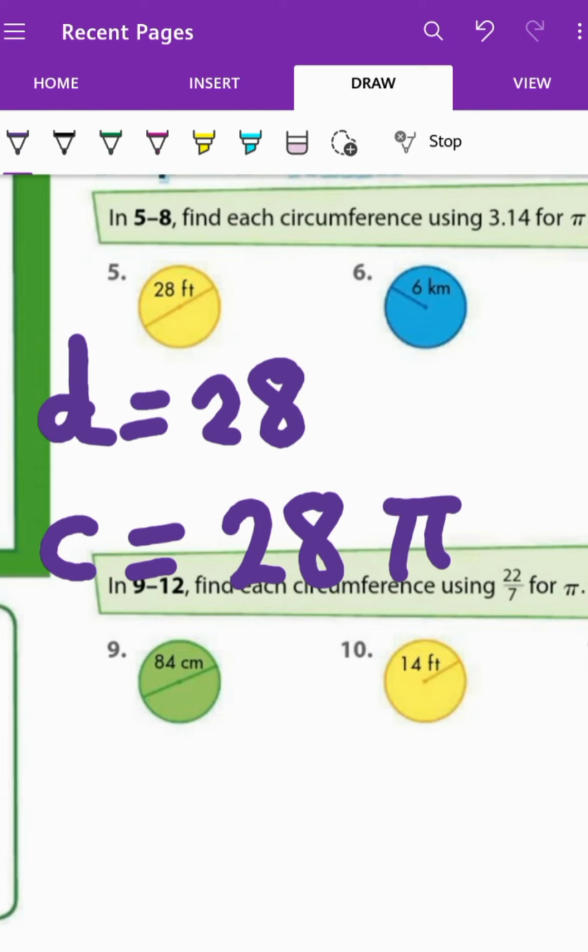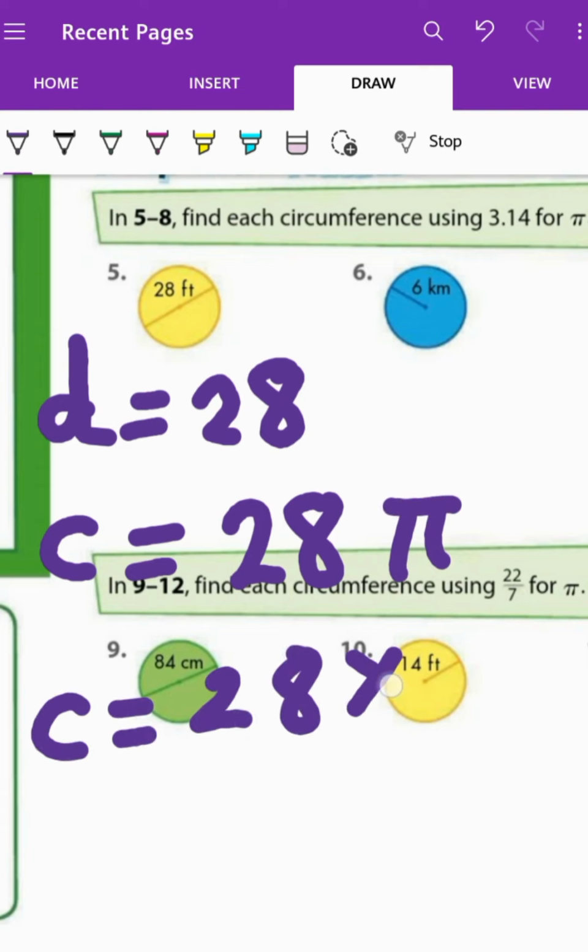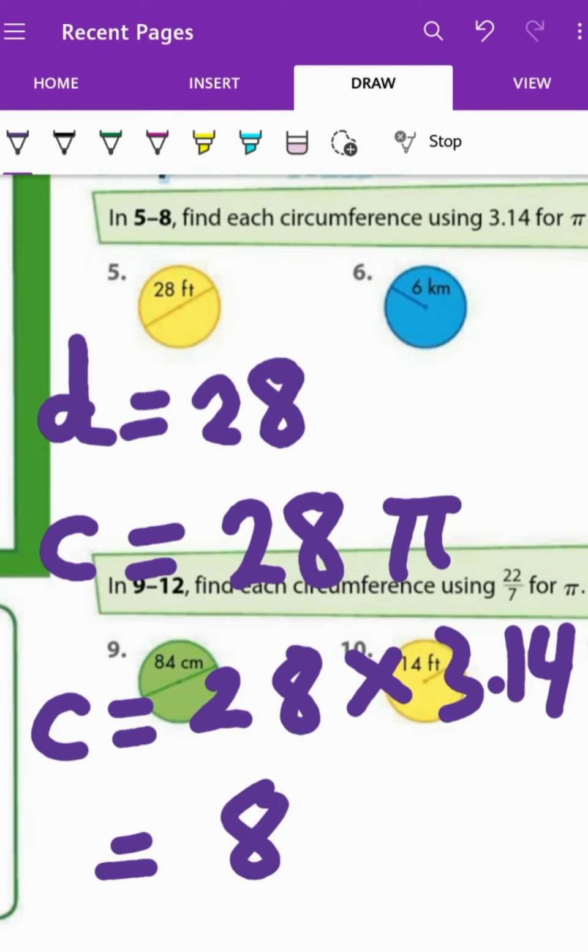28 pi. So C equals what? 28 multiply 3.14. And it is equal to what? It's equal to 84. Without any decimal? About 84. And what is the unit?